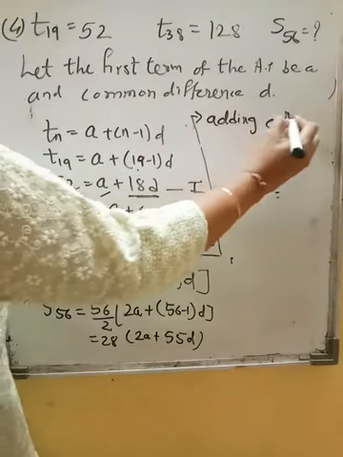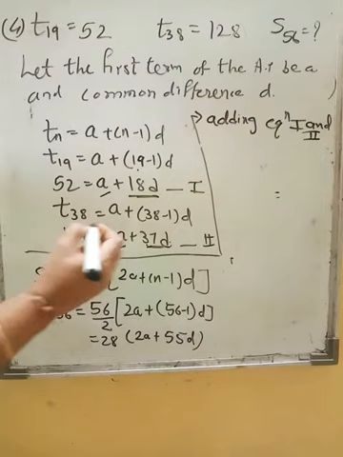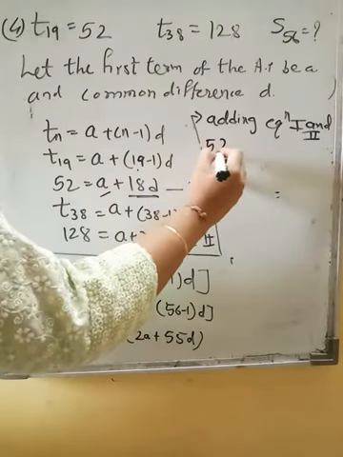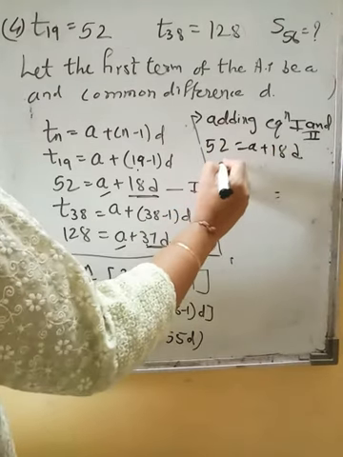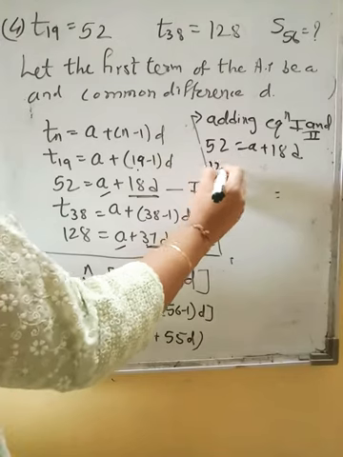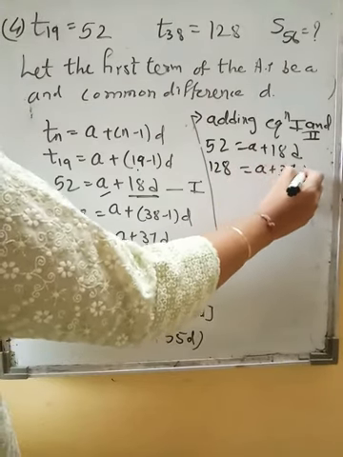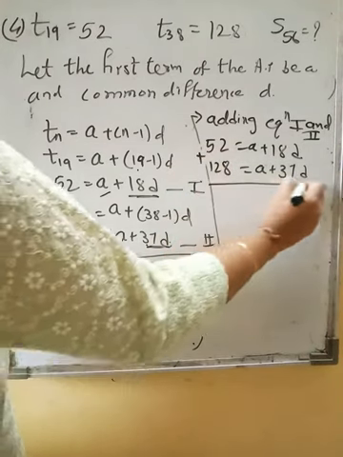So adding equation 1 and 2. So we'll add equation 1, 52 is equal to a plus 18d, and 128 is equal to a plus 37d. When you add it, what will you get?